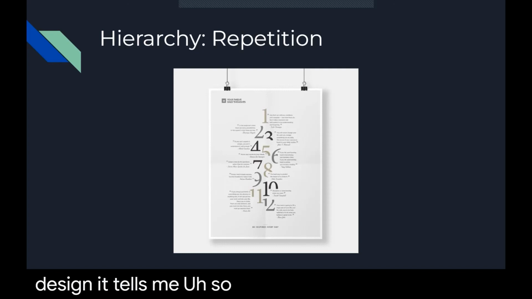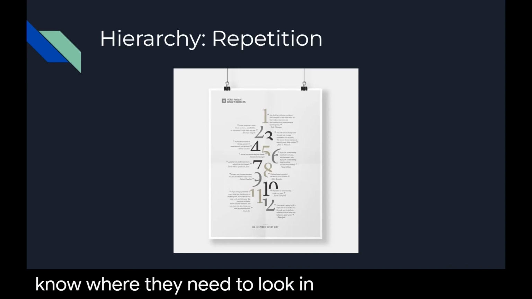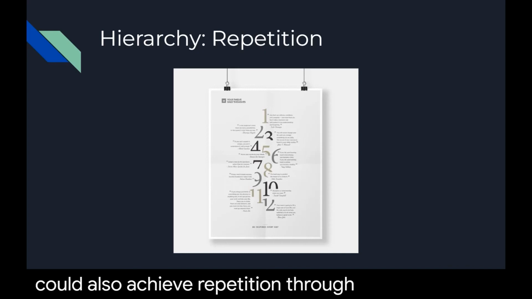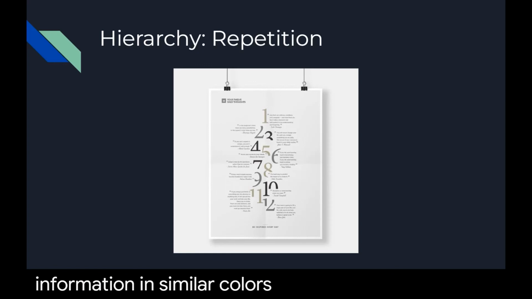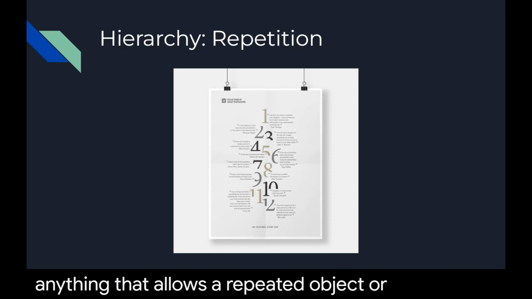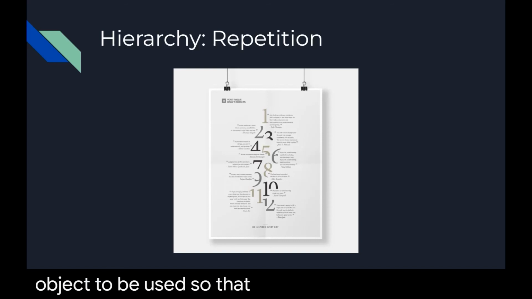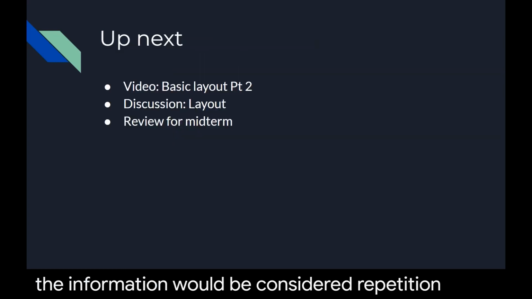So I am directing the reader to know where they need to look in each place. You could also achieve repetition through boxing information in similar colors, creating bullet points, anything that allows a repeated object or type of object to be used so that you understand the flow of the information would be considered repetition.